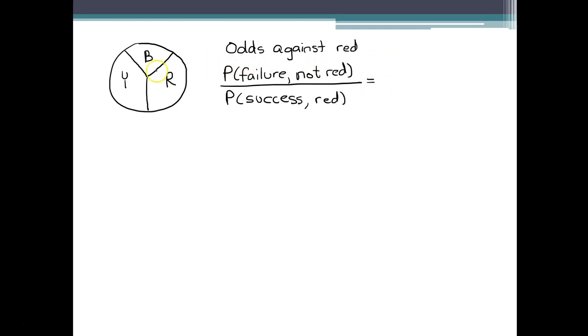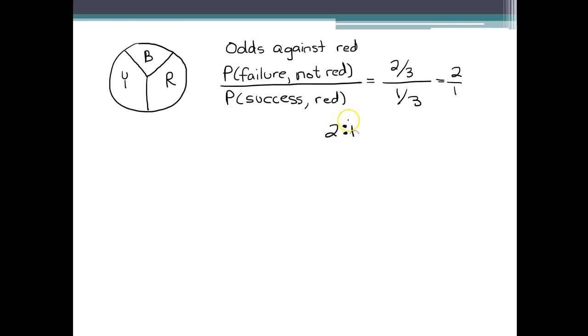So not getting red, that's 2/3 of the spinner. Getting red is 1/3 of the spinner. The 3's cancel out, leaving you with 2 over 1. So your odds against getting red are 2 to 1.